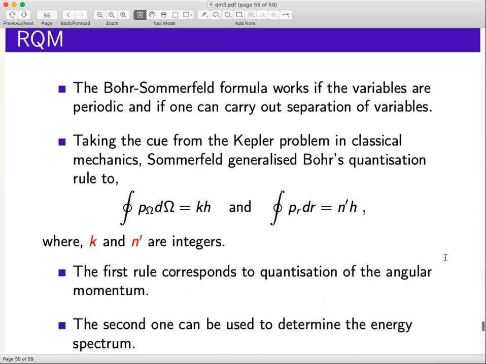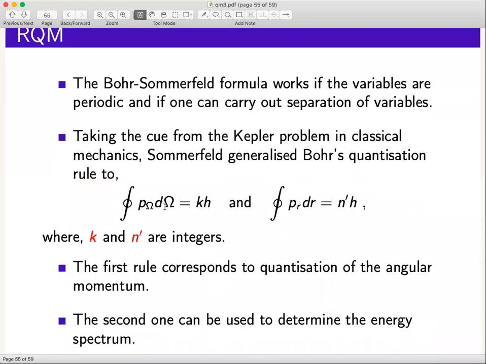Sommerfeld generalized the Bohr quantization rule by using the insight from the Kepler problem in classical mechanics, and he said that the angular momentum would also be quantized. That is the additional piece that he introduced, and the radial momentum quantization condition is the one he proposed, saying this should determine the spectrum of the theory.